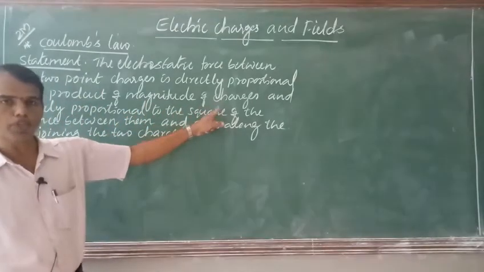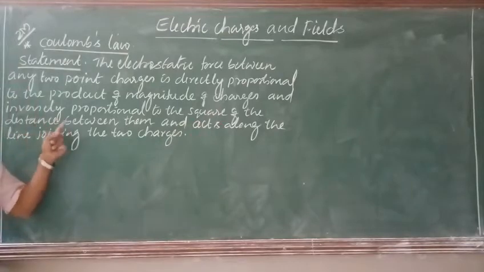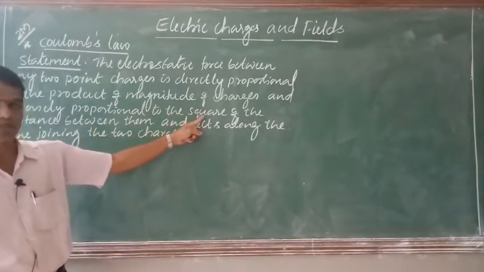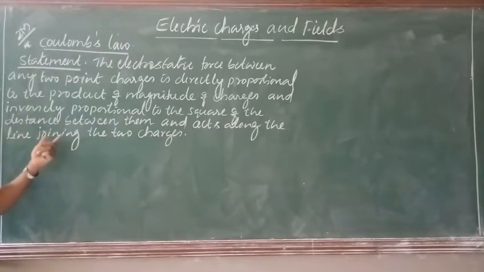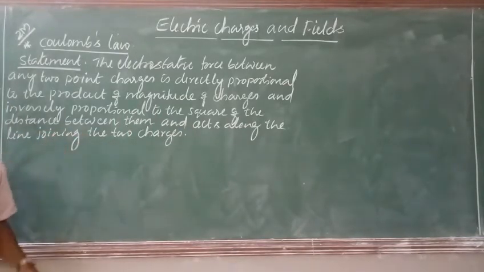Force is proportional to the product of the magnitude of charges, and inversely proportional to the square of the distance between them, and this force always acts along the line joining the two charges.